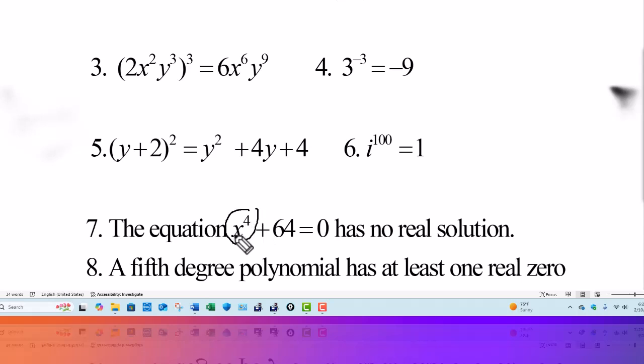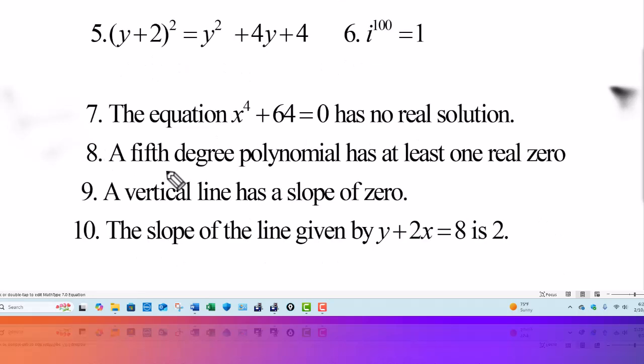Obviously, if x is 0, it's going to be 0. So 0 or some positive number added to 64 is never going to give you 0. So this one has no real solution. That's true.